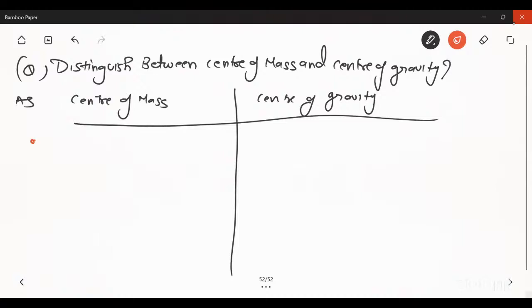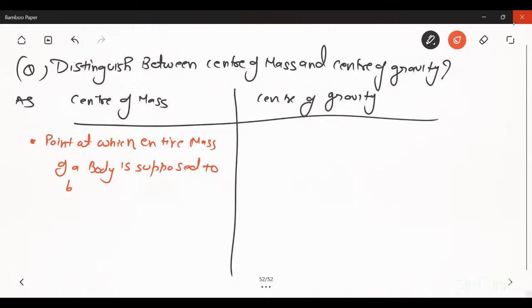It is a point at which the entire mass of the body is supposed to be concentrated.